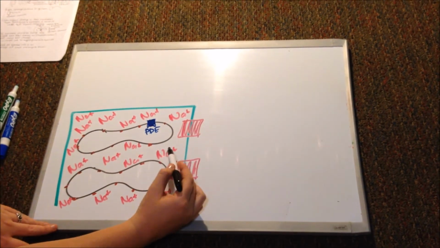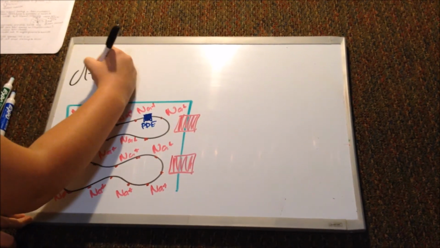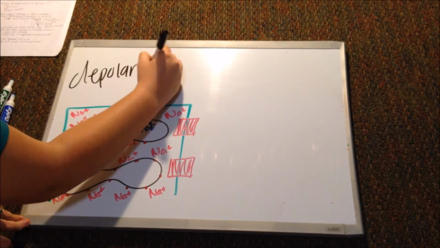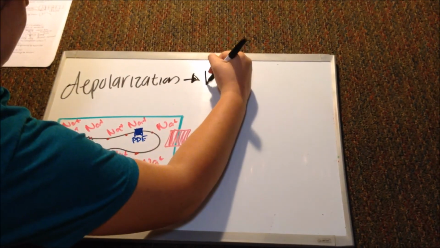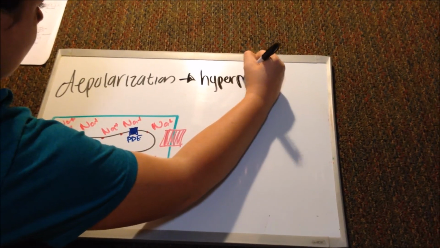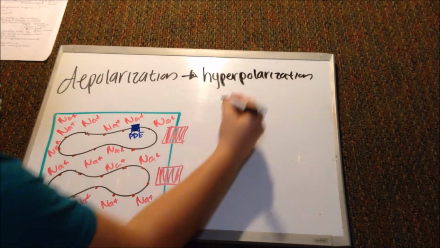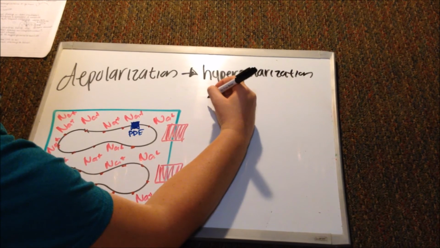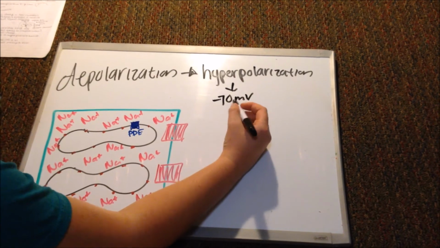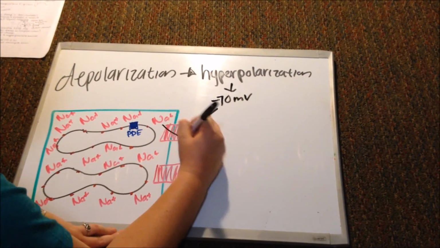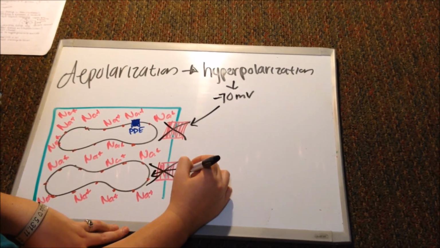Once the sodium rushes in and causes depolarization, it will in turn cause hyperpolarization, which is when the voltage of the rod cell hits -70 millivolts, which will cause, in turn, these gates to close, not letting any more Na in.